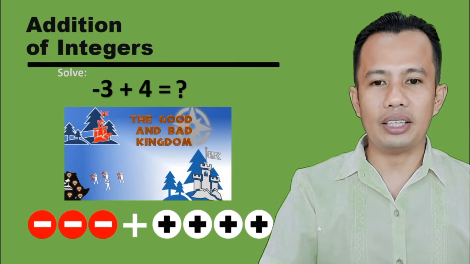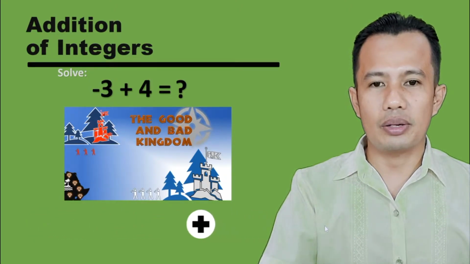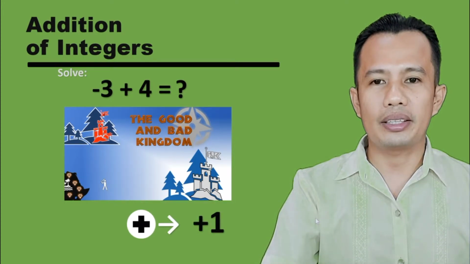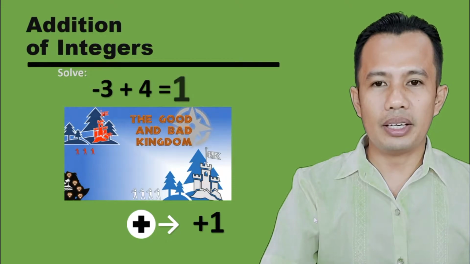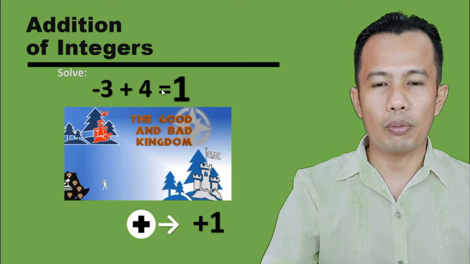When added to each other, the result is 1 positive circle. That is why negative 3 plus 4 is equal to 1.